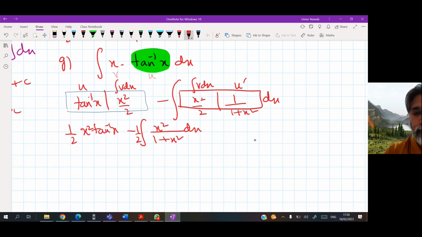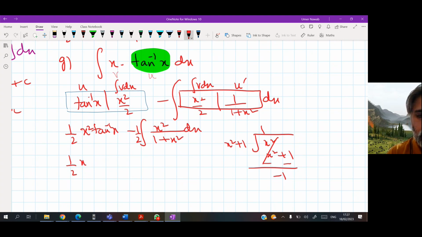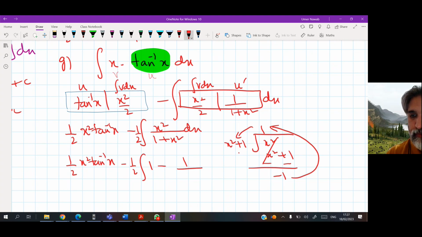You remember your teacher has taught you long division, x squared divided by x squared plus 1. So I can write it as 1 minus 1 over x squared plus 1.